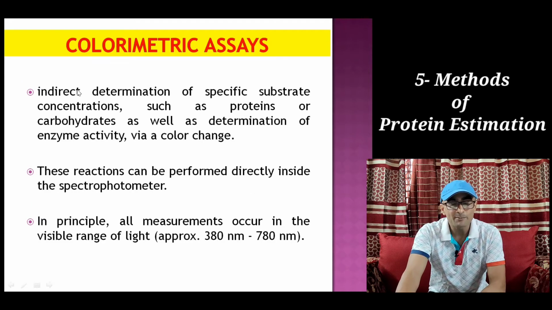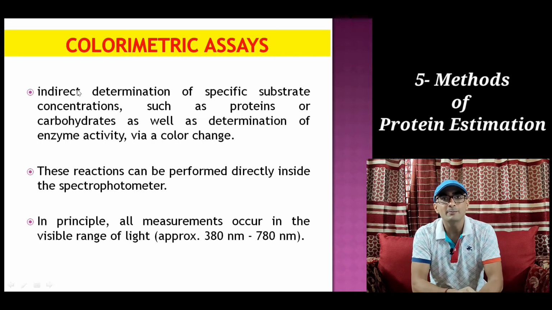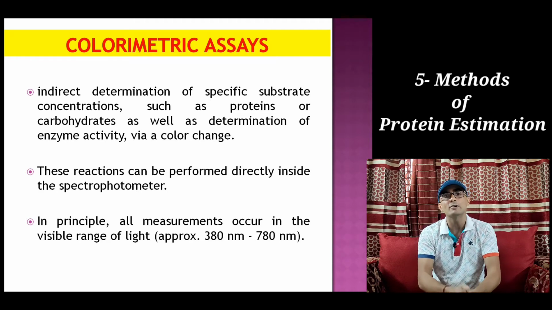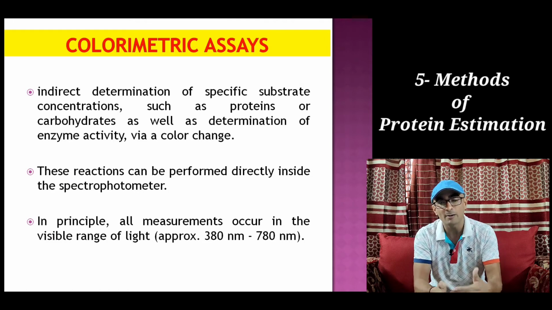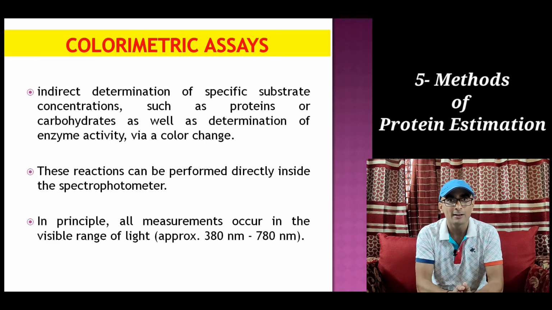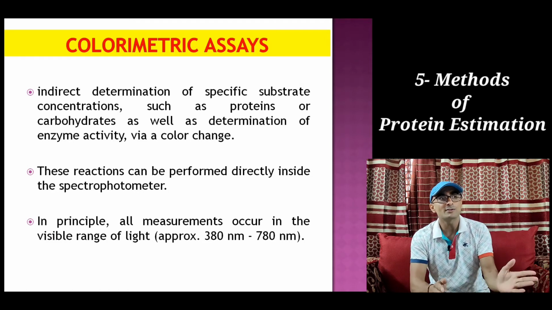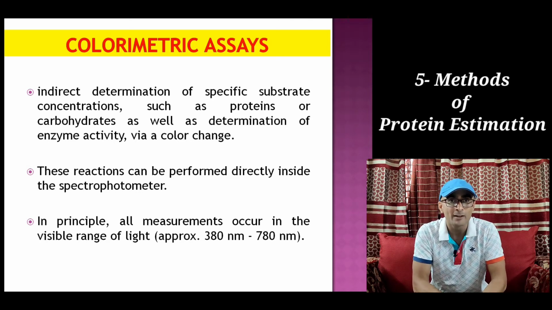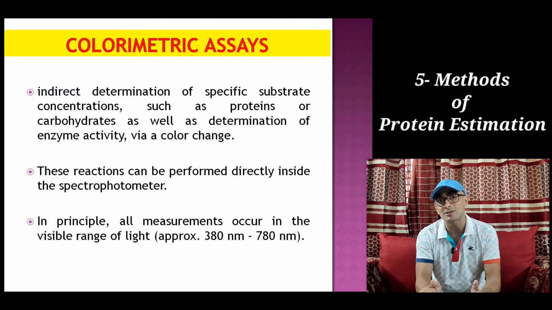Because except the UV method, all these methods of estimation are colorimetric. Colorimetric means they react with some chemical and they produce color. That color is the one which is measured, and the amount of color present in the sample basically reflects the concentration of the protein in the sample, because as per Beer-Lambert's law, the absorbance of a sample would depend on the concentration of the sample present.